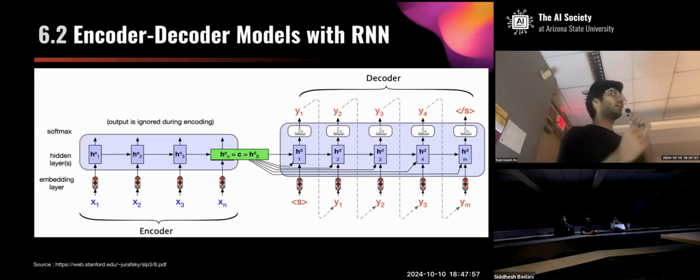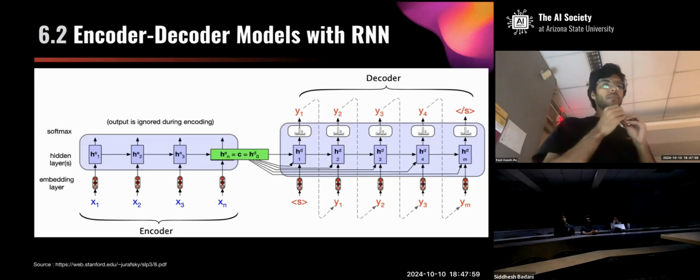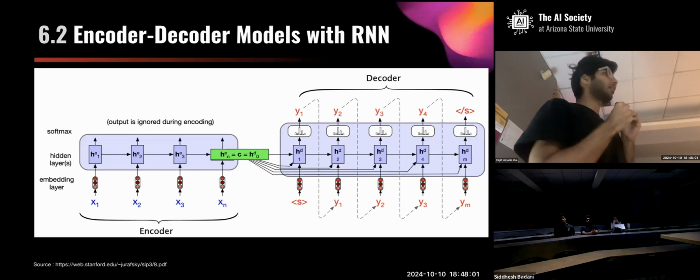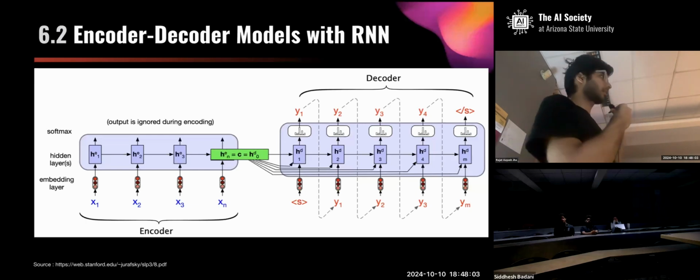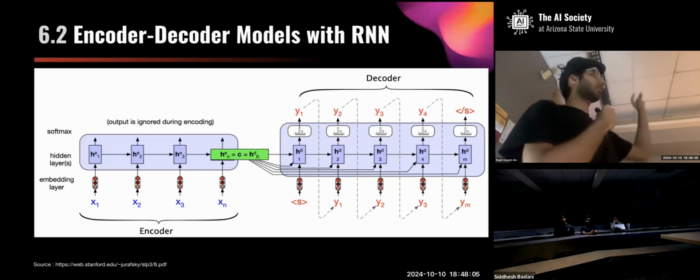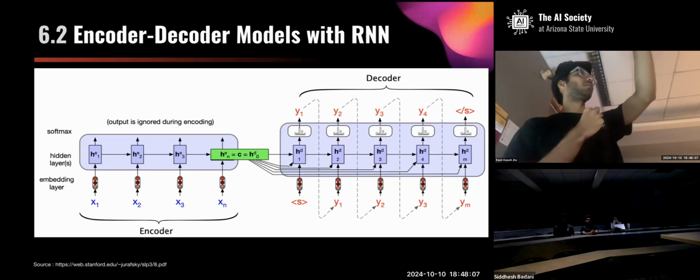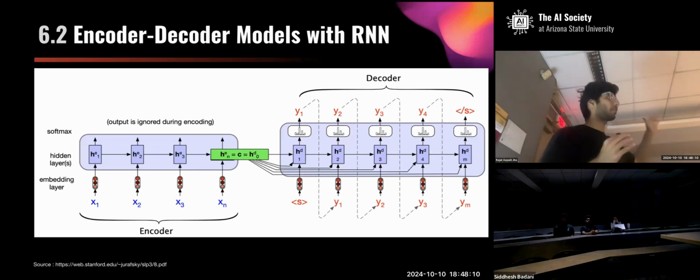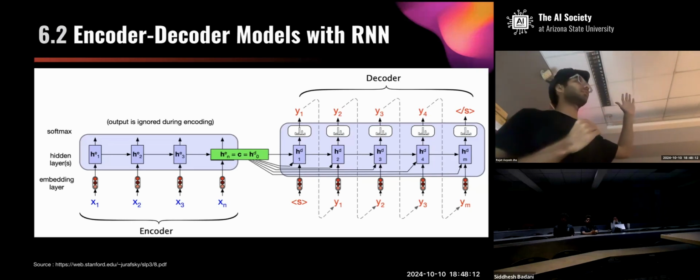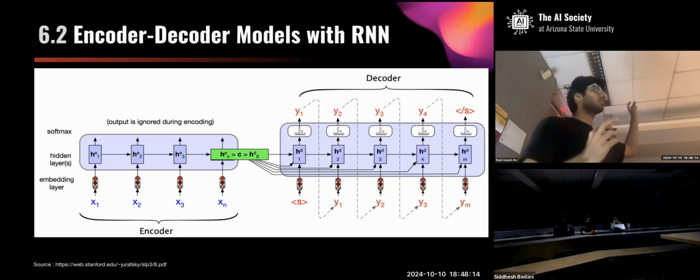What I mean by that is, if the sentence length is, let's say, 10 or 20, it will be able to capture the meaning of, or relate the first word with the 20th word. But if the sentence is a big paragraph of, let's say, 1,000 words, it won't be able to capture the relationships.